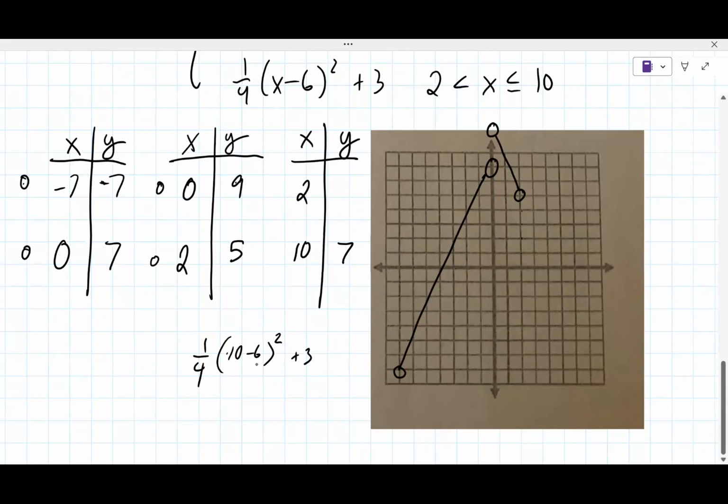It is 7. All right. So for 2, it's 2 minus 6 squared, 1/4 of that, plus 3.